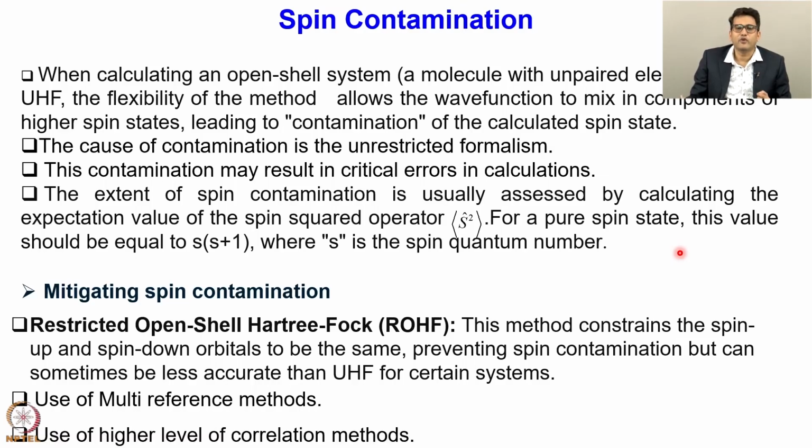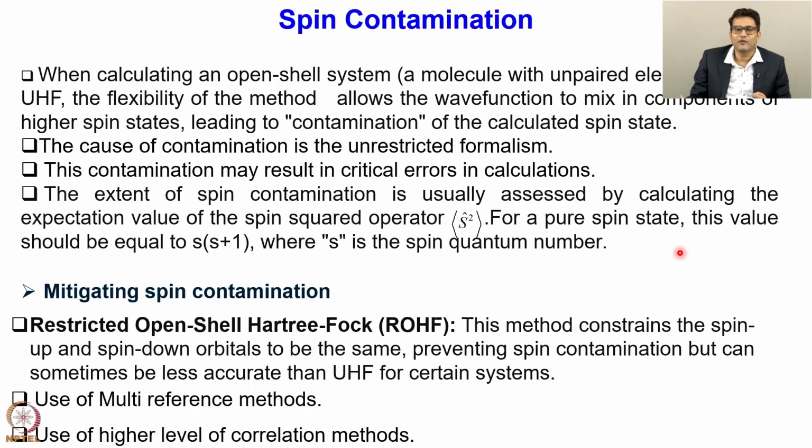Full CI, we know, is an exact method, so it does not depend upon the orbital. It does not matter whether you use unrestricted or restricted orbitals, the full CI wave function generally gives you the exact answer. Of course, full CI is not a practical method, so we need to go to methods which are some approximation, but generally higher order coupled cluster methods have less problem with spin contamination.